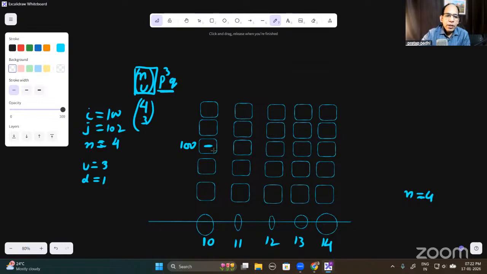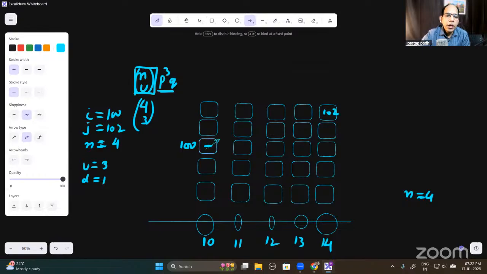So one path is 100 to 102, right? You win from here: 100, 101, 102. Okay, I got it. You lose here, you win here.